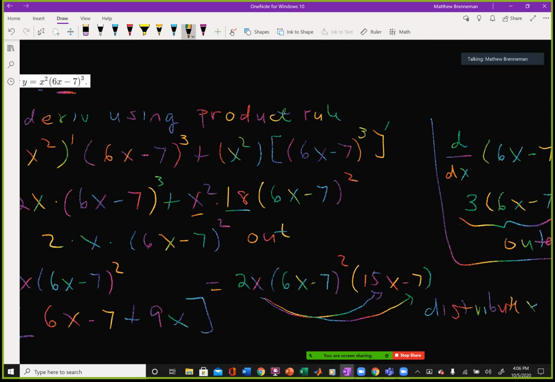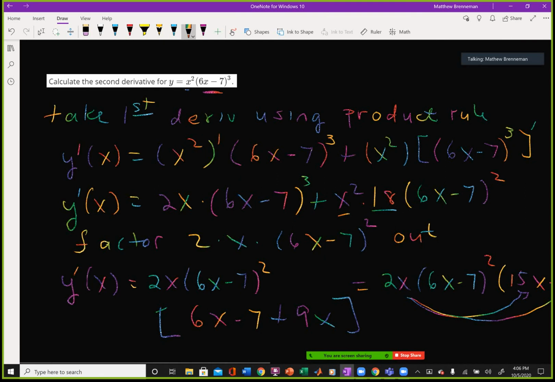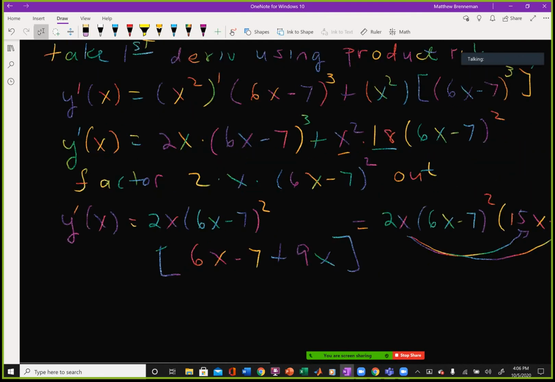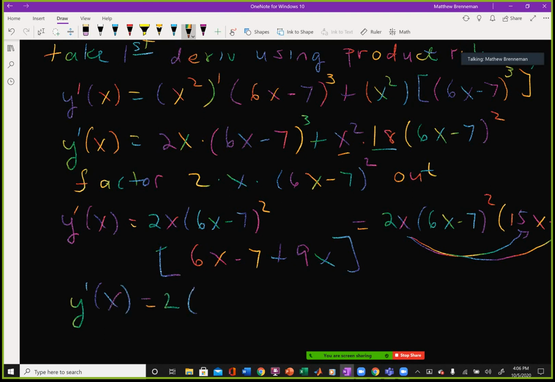There's a little bit of algebra here, right? And so when you do that, you get y prime of x is equal to 2 times (6x minus 7) quantity squared times (15x squared minus 7x).